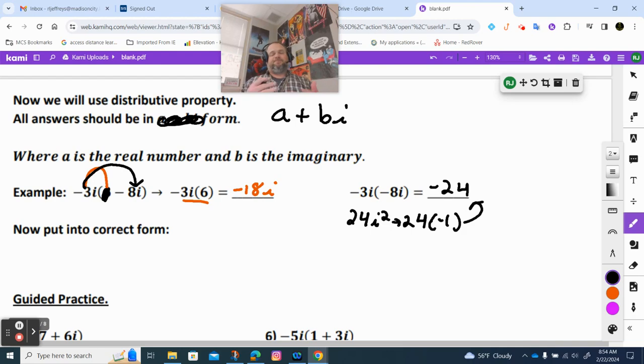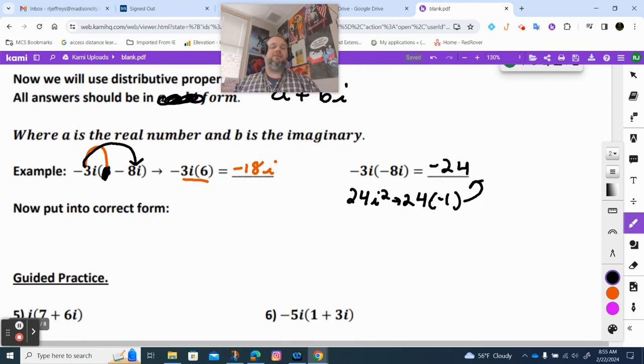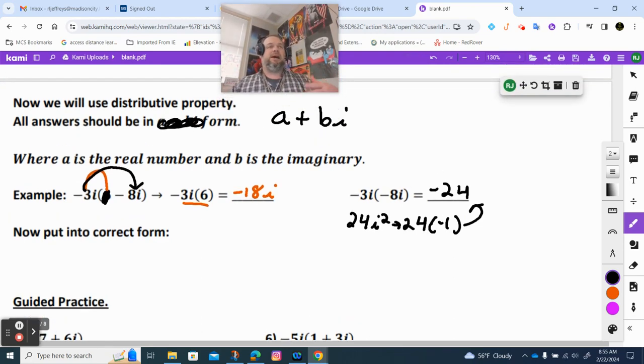Now, I've got my two terms for my answer. Now I have to write it in the right form where it's A plus Bi, not A equals Bi. Dagnabbit. All right. So our real number, the number without i's, goes right here. Our imaginary number, the one with i, goes right here.